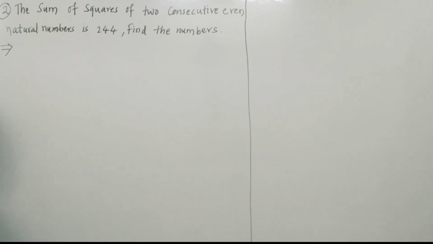Second example: the sum of squares of two consecutive even natural numbers is 244. Find the numbers.